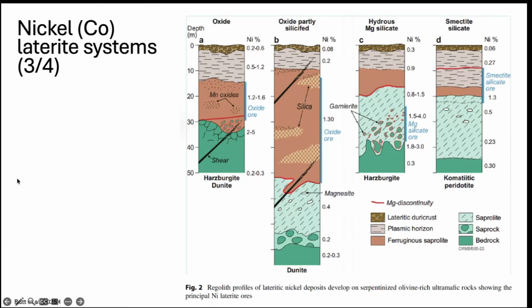And the other thing is that these kinds of lateritic, these are kind of soils. They vary. So if you've got the same process going on top of a granite, you're going to get a bauxite. And if you have the same kind of weathering going on top of an ultramafic rock, you might get a nickel-rich laterite.